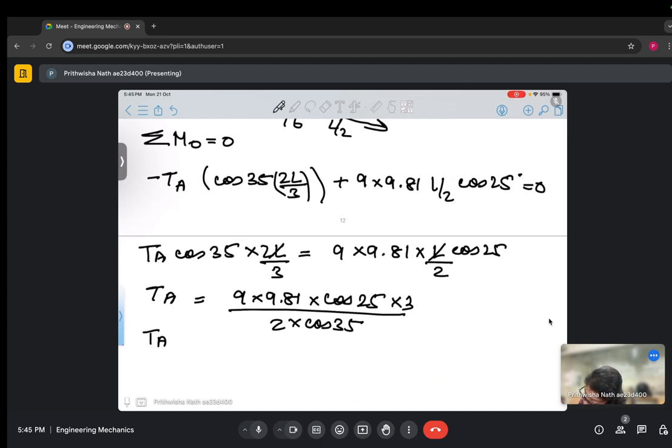So there is one more 2 here. Yeah. So this becomes 73.3 newtons. Now we've got this tension. So there are two possibilities: motion of M impends up the inclined, and another option is motion of M impends down the inclined.